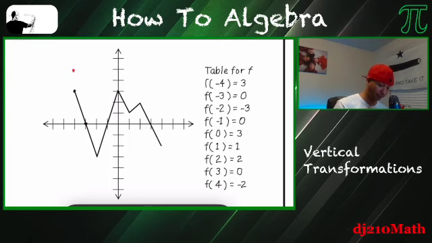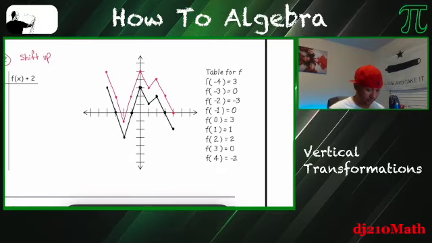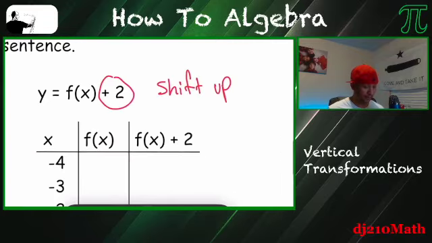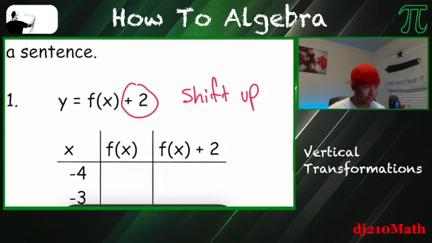Every point in the function is going to shift up 2. All right, so connecting the dots, we get a vertical transformation. f of x shifts up 2 units. And that's because f of x plus 2 is adding 2 to all the y values.